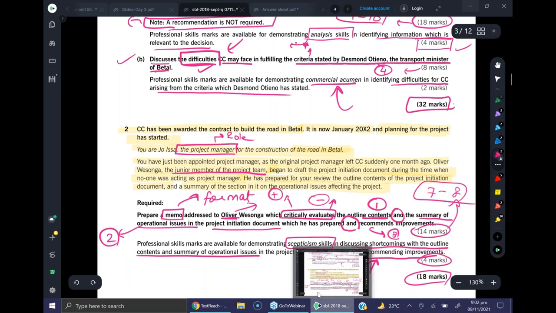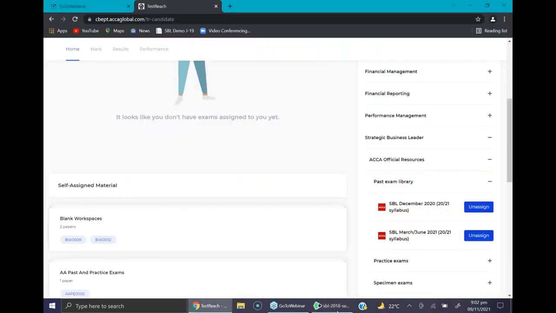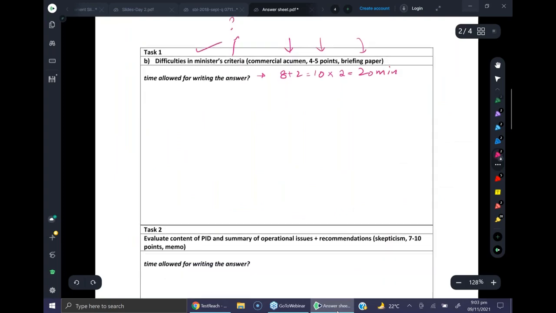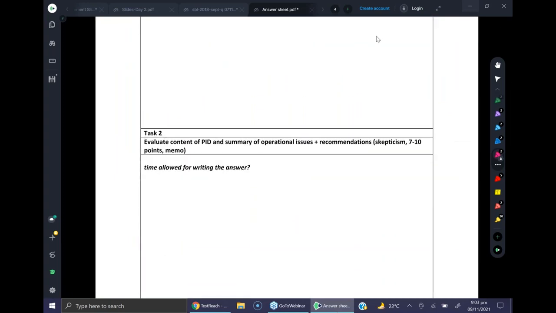So again, let me show you the summary very quickly for requirement 2. What am I supposed to do here? I'll have to evaluate the content of the PID and the summary of operational issues and recommendations. Skepticism is the skill.